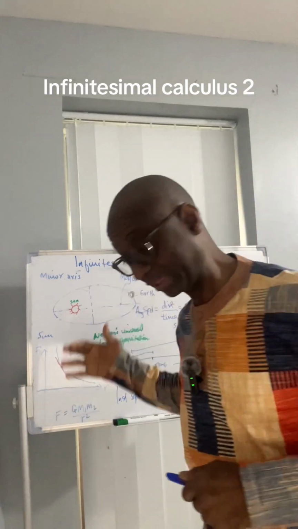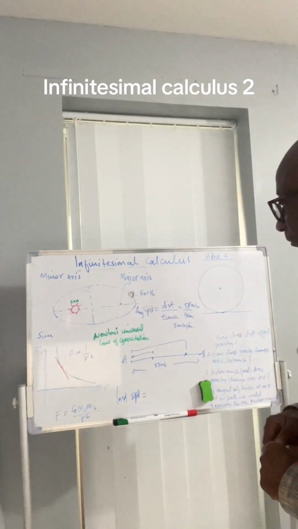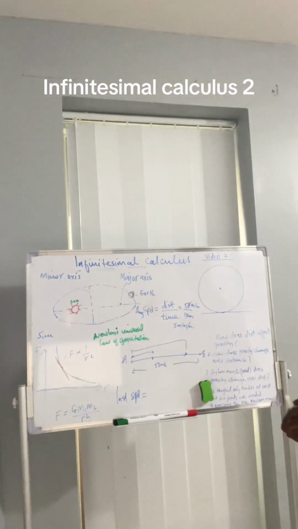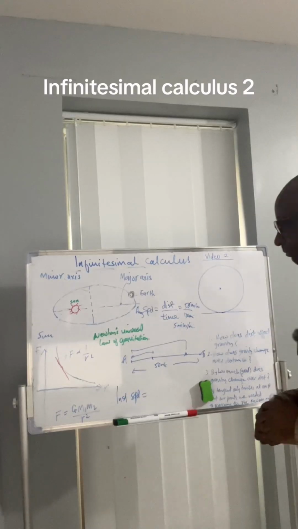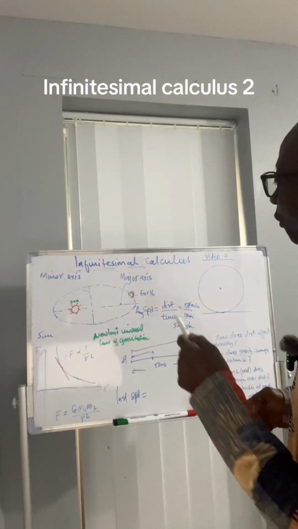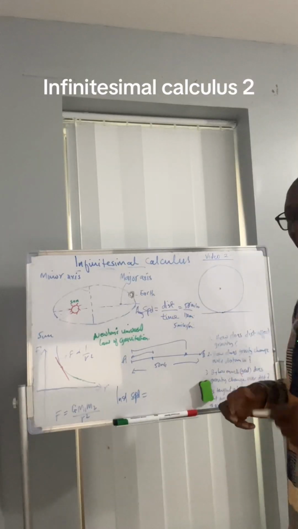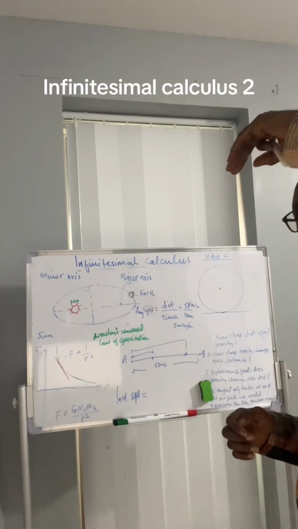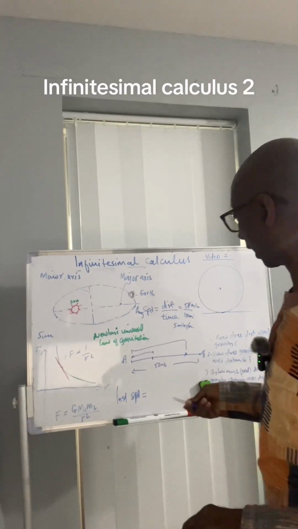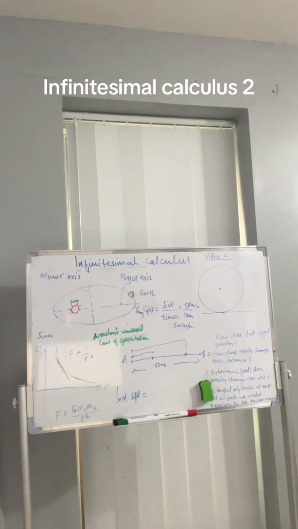Like without it, it wouldn't have been possible to send astronauts to space, because they have to calculate the G forces. Otherwise, they perish on their way, even before reaching the destination. And also for all these satellites they launch, for them to reach where they want them to go, they have to know about this instantaneous speed we are talking about.